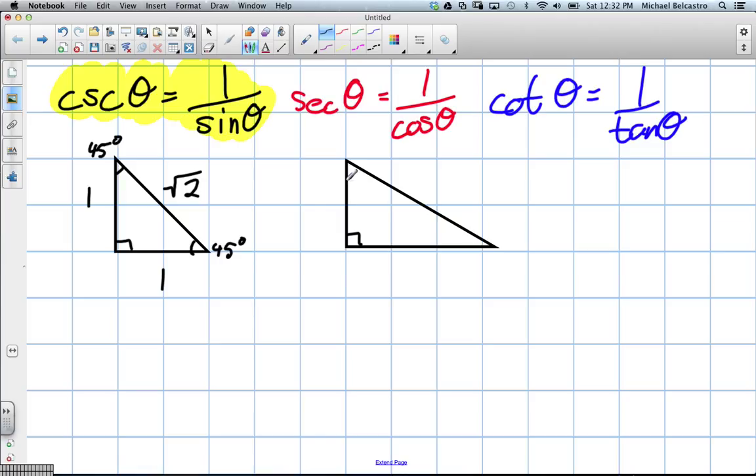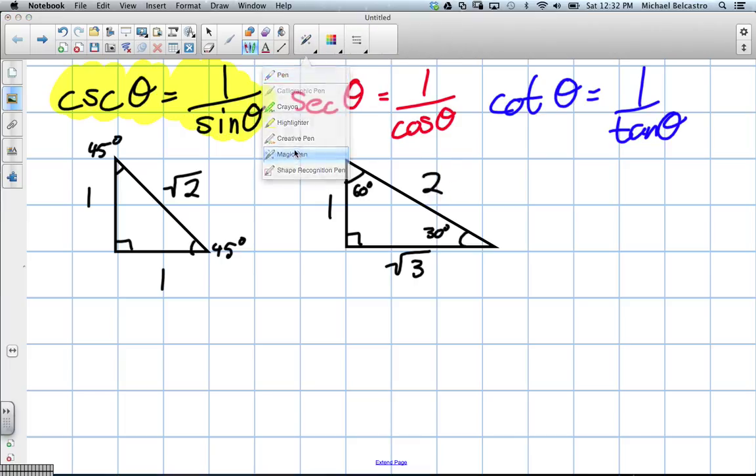The other special triangle deals with 90 degrees, 60 degrees, and 30 degrees. Okay? And its ratio is known as 1, so this side being 1, this side being root 3, and the hypotenuse being the distance of 2. Okay, and you're going to eventually start to relate these to each other a little later on. But these are two triangles we have to remember.